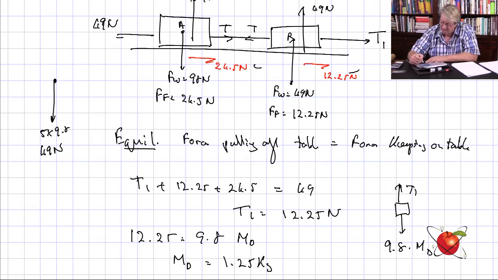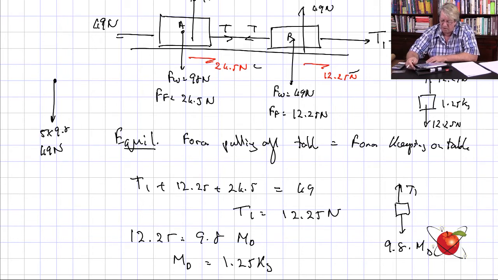We're putting 1.25 kilograms down over there, so it's in balance. Over here, 1.25 times 9.8 is 12.25 newtons, which means T1 is 12.25 newtons.